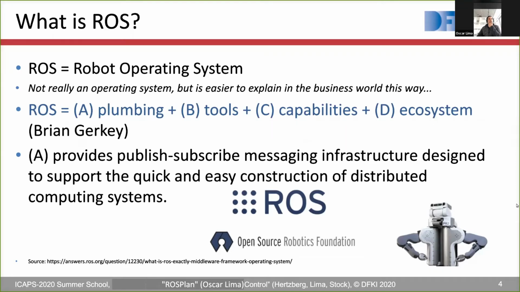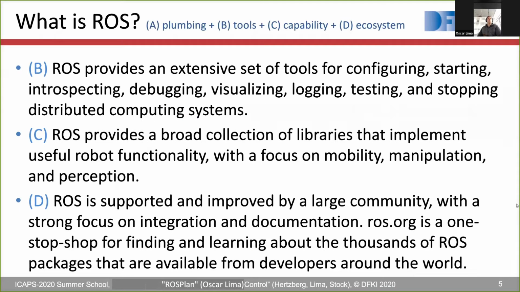The second one is the tools. ROS also provides an extensive set of tools for configuration, for introspection, for debugging, visualizing, logging your data, testing and deploying all of your code into real or simulated robots, right?